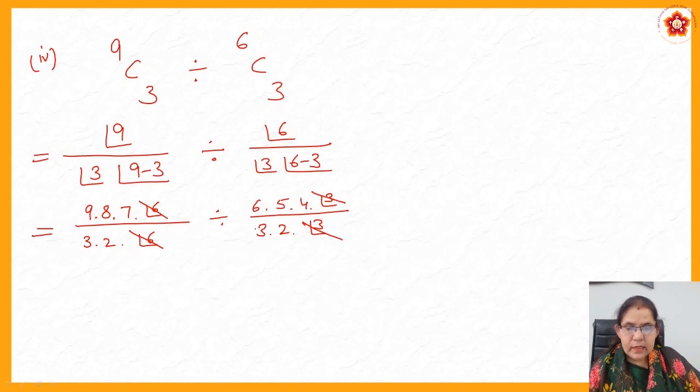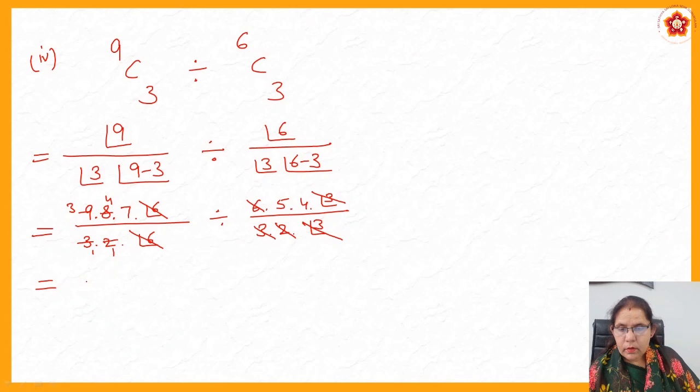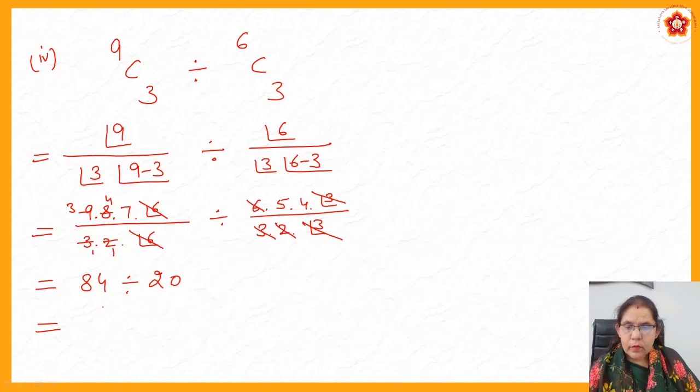Cancel whatever is getting cancelled. 3 twos are 6, and here 3 ones are 3, 3 threes are 9 and 2 fours are 8. So 84 divided by 20, and the answer would be 4.2.